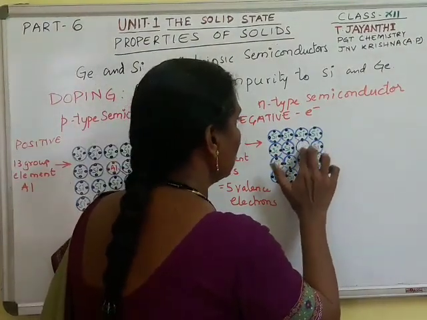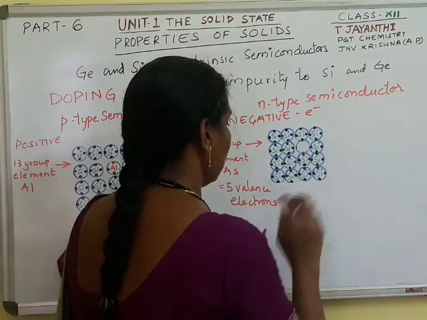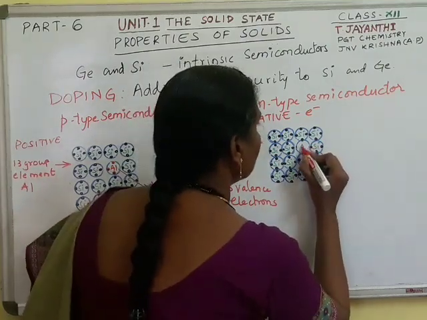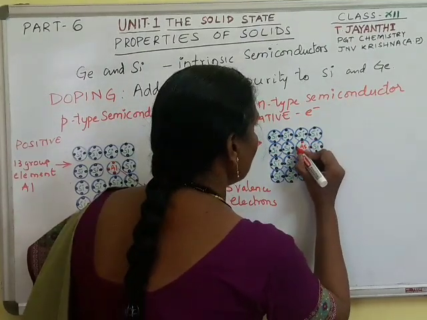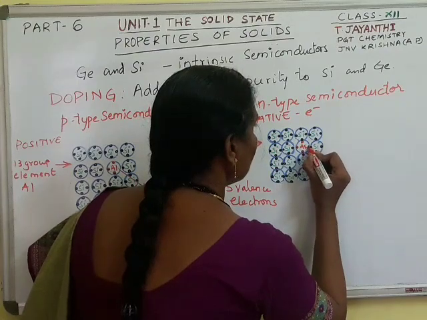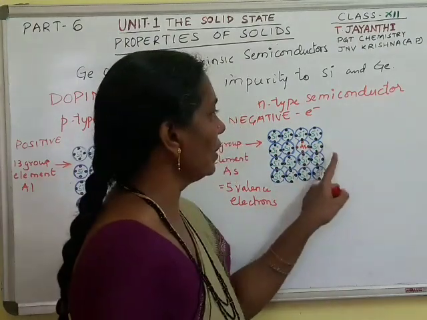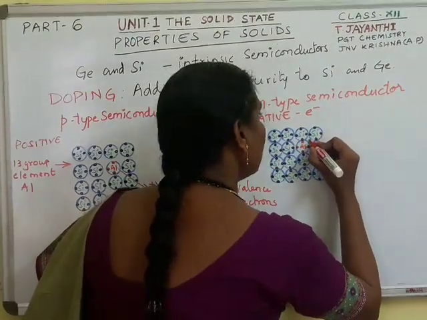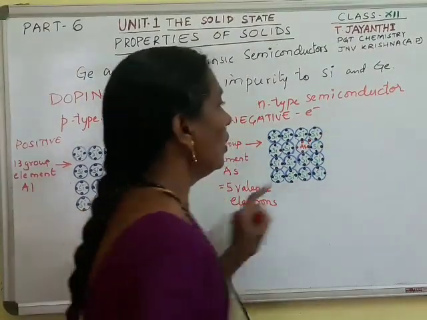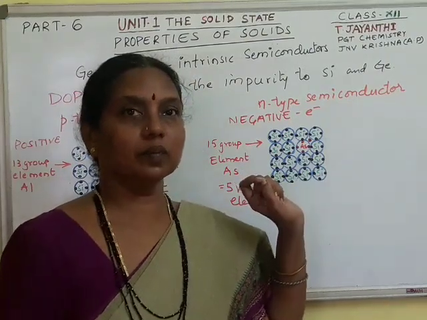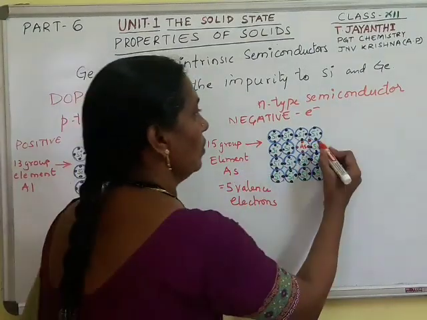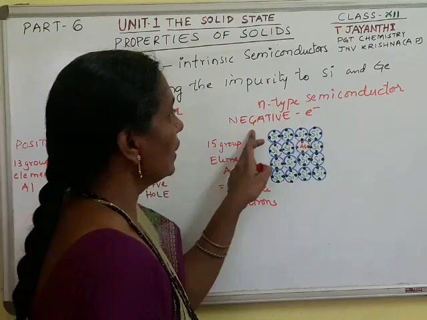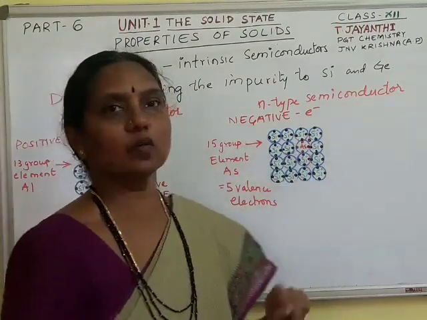Let us say that in this place arsenic has come. It has 5 electrons. First the 4 electrons will get bonded with the silicons surrounding it, and 1 electron which has not bonded is now free. That free electron is the cause of the flow of electrons.